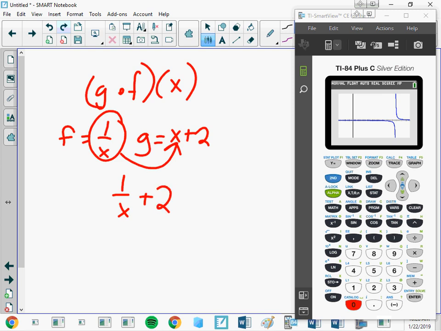Now the cool thing is, if you want to know this at -2, you can just plug it in here. 1 over -2 plus 2 happens to be 3/2. So you can either put the functions together and then plug in -2, or you can put -2 into one and then the answer into the other. Okay.